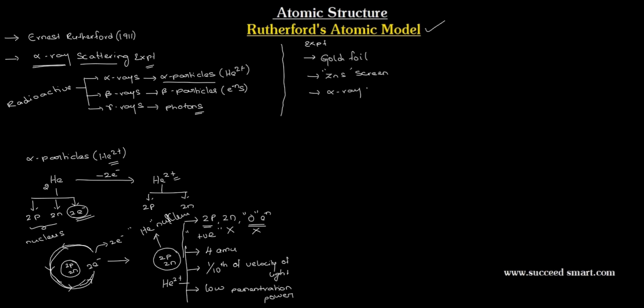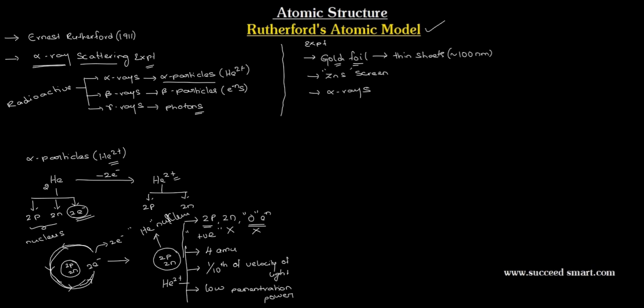Now what is the use of this gold foil? What is meant by foil? Foil is nothing but a thin sheet of any substance. Why he used only gold foil: gold is the only element in the periodic table which can be converted into very thin sheets, having a thickness of approximately 100 nanometers.